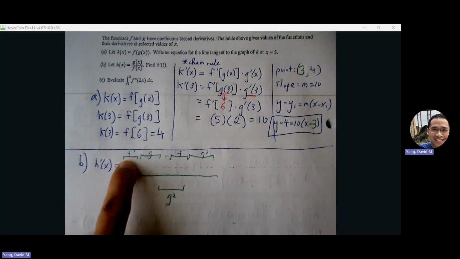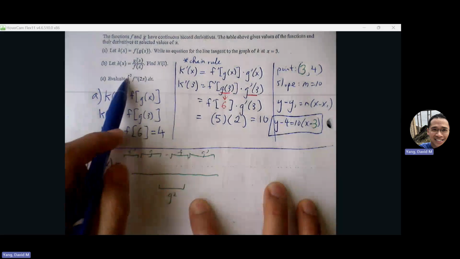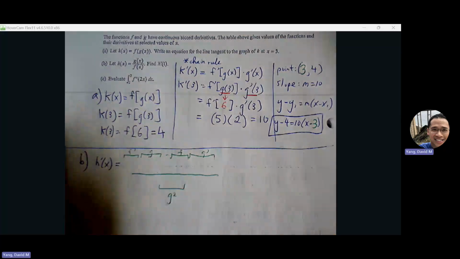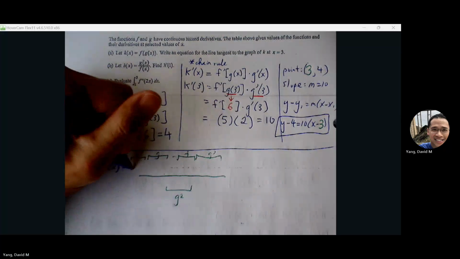I'm assigning G and G prime to be the numerator, and F prime to be the denominator. So all over our denominator squared. So just understand that our G is F and F is G, basically.